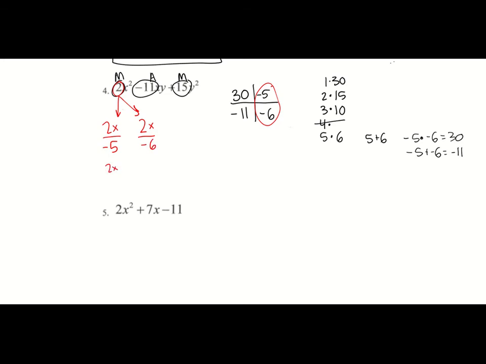This one's going to stay 2x over negative 5, but I can simplify my second one. 2 over negative 6 is 1x over negative 3. And I'm going to write my binomials. First one, starting top to bottom, I have 2x minus 5. And then I have 1x, which is just x, minus 3. This is my final answer.